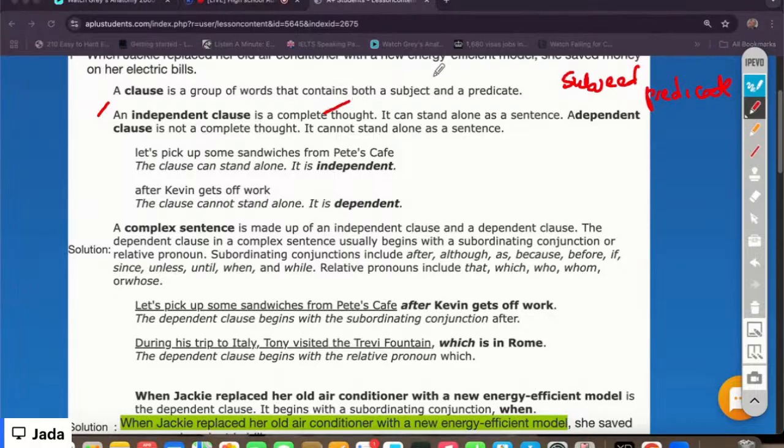An independent clause is a complete thought. It can stand alone as a sentence. And then the dependent clause is not a complete thought and it cannot stand alone as a sentence. So let's pick up some sandwiches from Pete's Cafe. Now, this clause can stand alone. It is independent. After Kevin gets off work, now this is dependent because we do not know what's going to happen after Kevin gets off work. Okay?